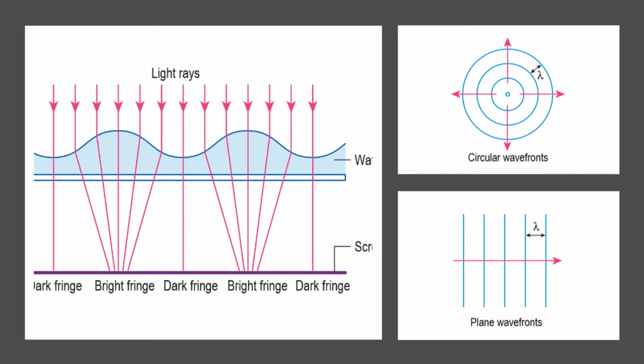The next figure shows the wavefronts for plane waves and circular waves. Let's observe these two diagrams to see if there is any difference. For the plane wavefront, look at the line of propagation. When you draw the line of propagation, you must have an arrow, and the line of propagation is perpendicular to the wavefront. Same goes for the circular wavefront.